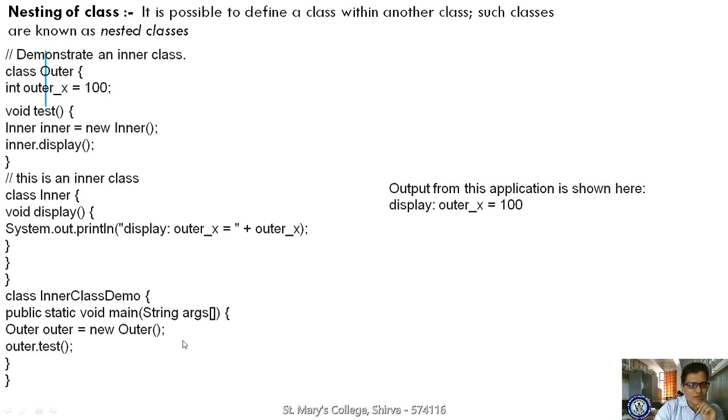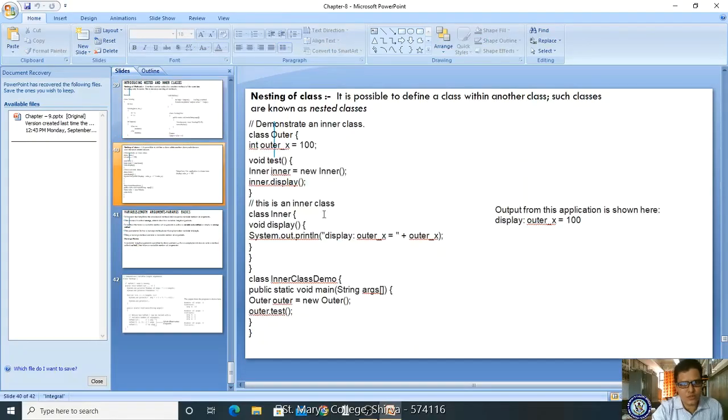Whenever you create that outer, it will be automatically initialized, and we call outer.test. Here the void test method will be called. In this we have one more class object, it will be created, and we call the inner.display method. In the inner.display method we display the value of variable outer_x. So it will display outer_x is equal to 100.